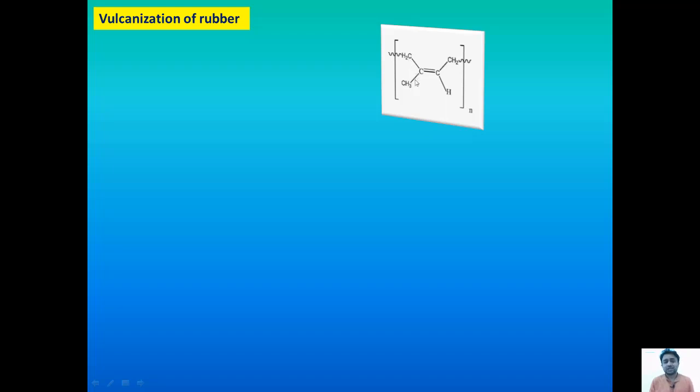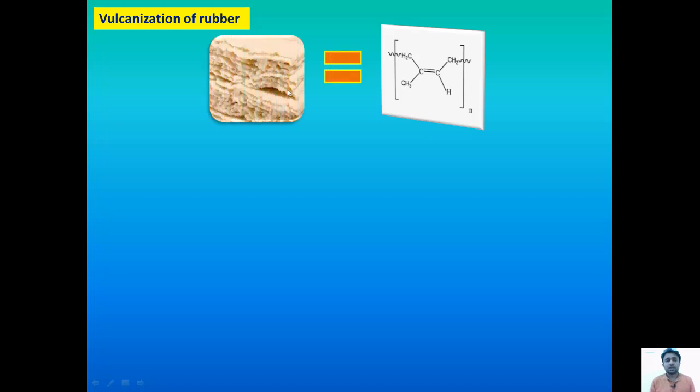I took it as an example here. You know this is crepe rubber. Even in ribbed smoked sheet rubber, whatever the type of natural rubber, it contains this long chain molecule, the polymer 1,4-cis polyisoprene. So what are the characteristics of this polymer?